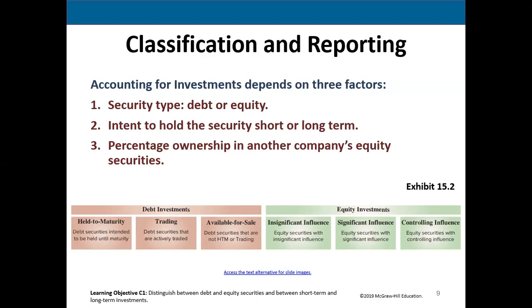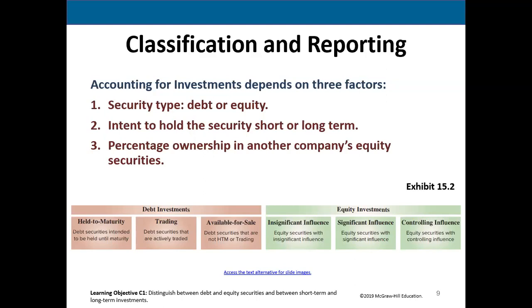We don't have any kind of ownership percentage when it comes to debt investment because we're not an owner when we own the debt. We're a creditor. Now, when you are the owner of debt, you have to put the debt into one of 3 categories. And you could see those categories there.